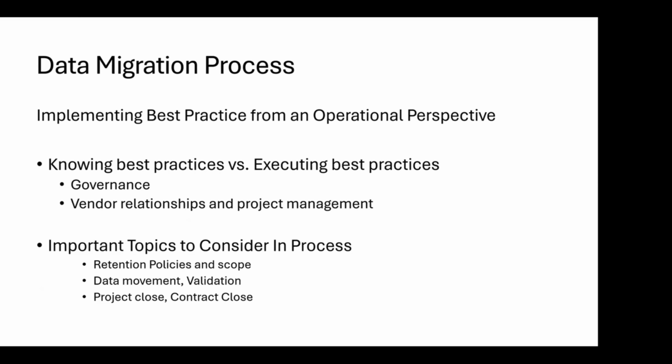In the overview of a migration process, there are a couple of things I want to touch on. Retention policies and scope. This is usually the beginning discussion for migration projects. Retention policies really help decide what data you have to move off the legacy hardware platform.